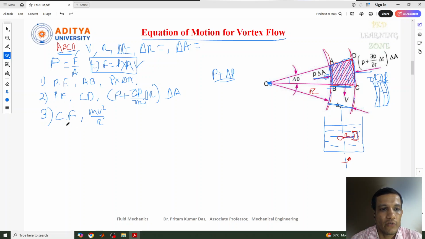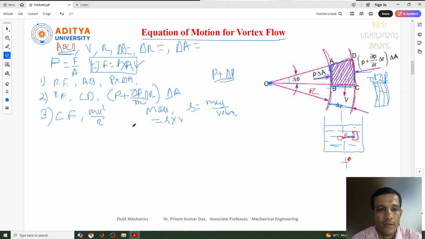Before solving, let's find the mass of the fluid element, because the force is m v square by r. To find this mass, first let me tell you one more equation. We know the mass density rho equals mass by volume, so mass equals rho into V, volume.